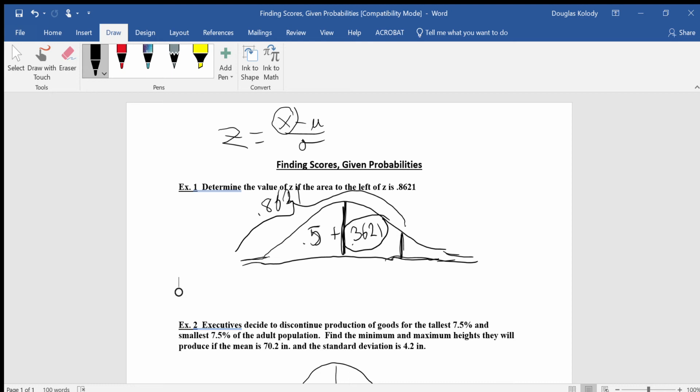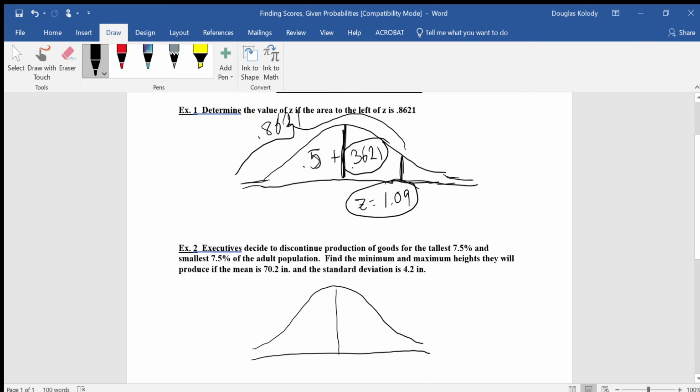Go down to 1.0 and go across to 0.09. Does everybody see the 1.09 z-score? Do you see 0.3621? So the z-score associated with an area of 0.3621 is a z-score of 1.09. And congratulations, you've just answered example 1.